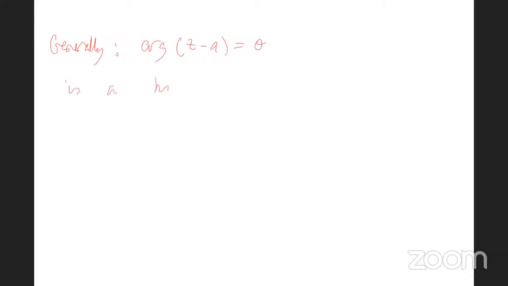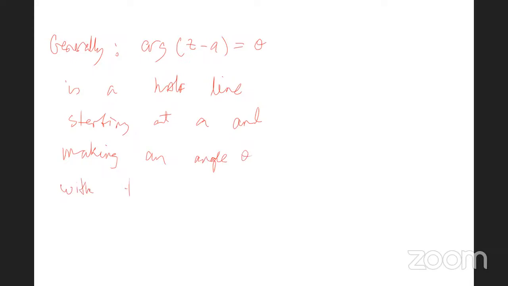This is a half line starting at A and making an angle theta with the positive x-axis. Again, same way we would draw argument.